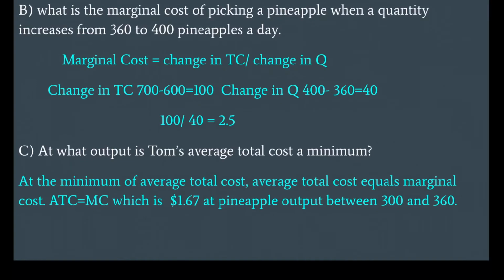At what output is average total cost a minimum? At the minimum of average total cost, ATC equals MC, which is $1.67 a pineapple, at output between 300 and 360.